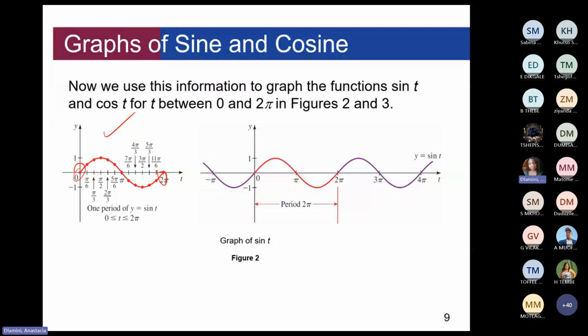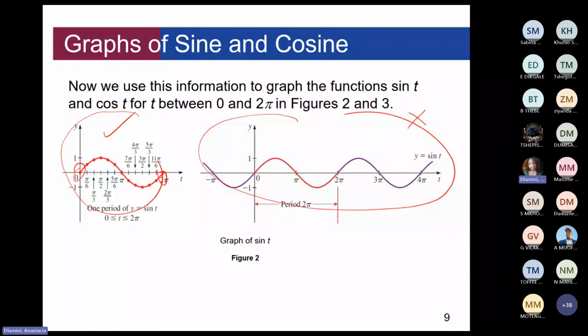Okay, listen to this and listen carefully. In your assignment, if it says draw one complete period, I need to see something like this. If I see something like this, then it means you are wrong. Are you happy with the answer? Yes, ma'am. All righty.